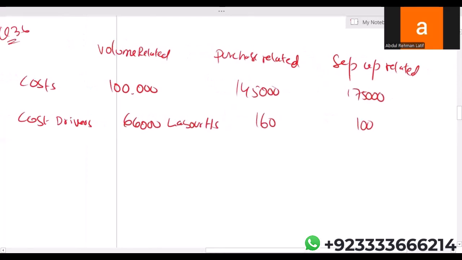Now for each cost pool, we can calculate a separate ABC rate. Simply 1 lakh divided by 66,000. What are we getting, students? I'm getting 1.5151 per labor hour.